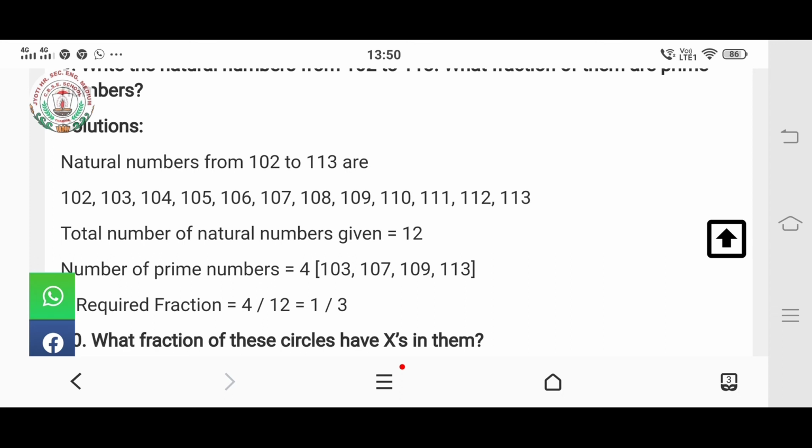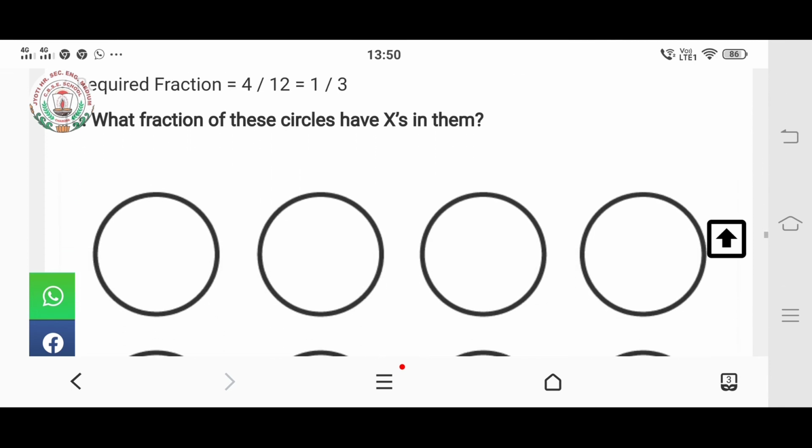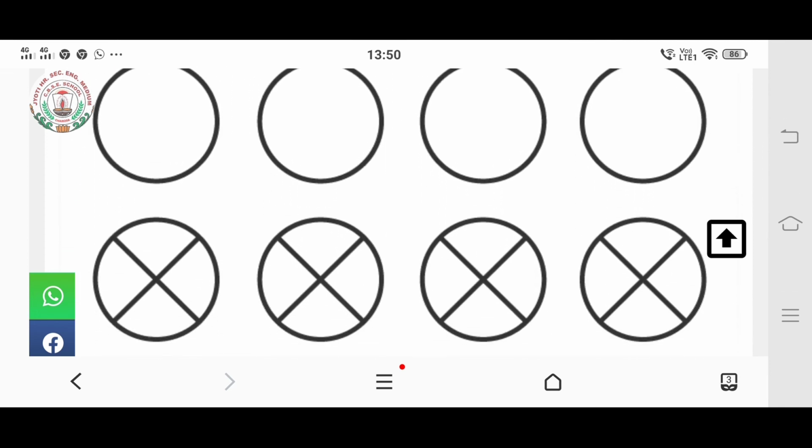Next, question number 10. What fraction of these circles have X's in them? So circles are given here, and a total of 8 circles are there, and 4 circles are blank and 4 circles have X in them. So what question is asked? What fraction of these circles have X in them?